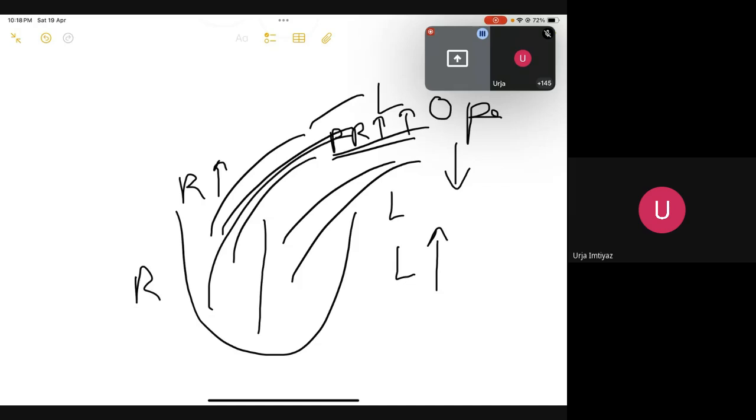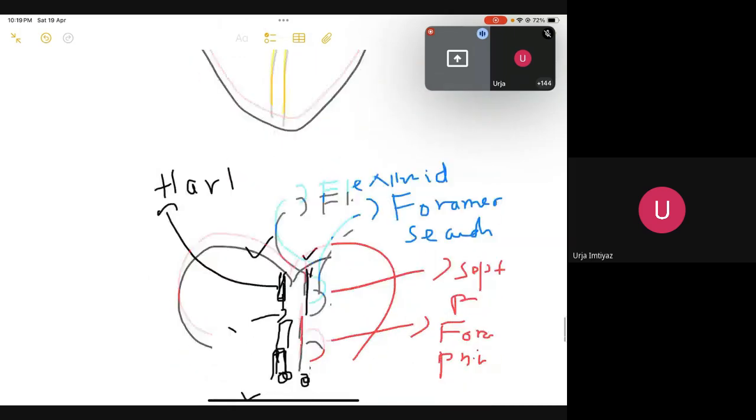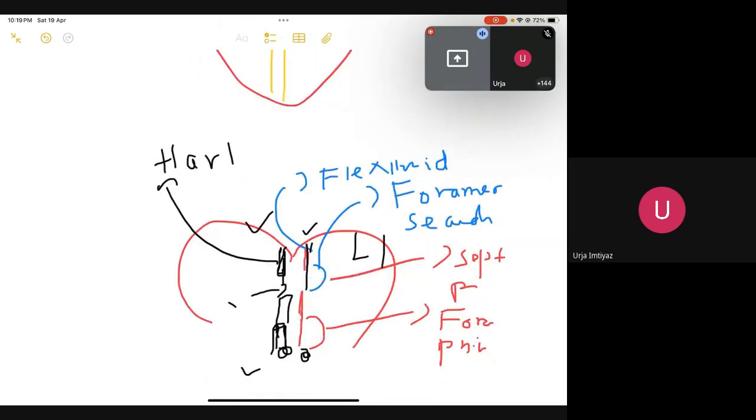Because the left-sided pressure is high. Why? Because we need the left ventricle to perfuse our entire body. So for that purpose, the left-sided circulation is high in pressure, okay? So after the birth, what would happen? The left-sided pressure increases. And as the left-sided pressure increases, it would push this flexible septum primum against your hard septum secundum.